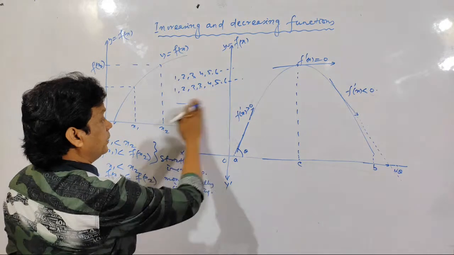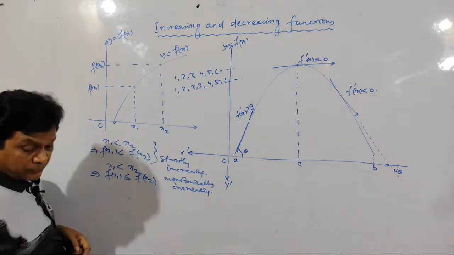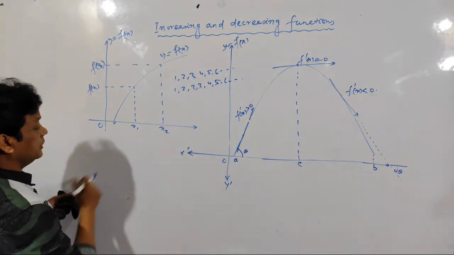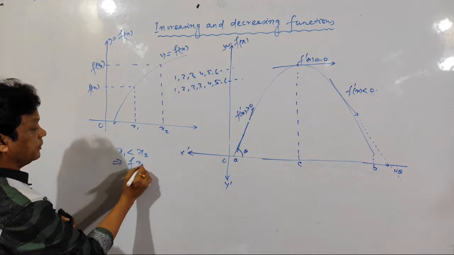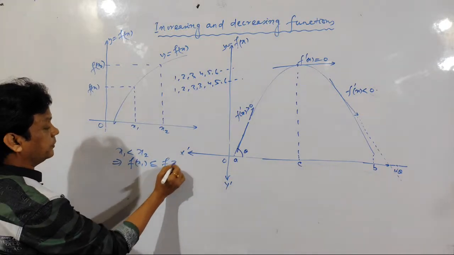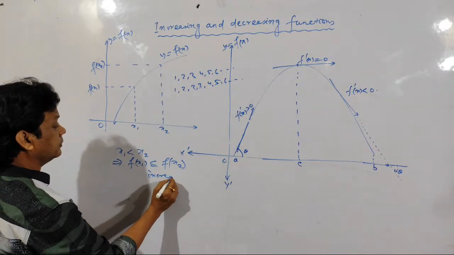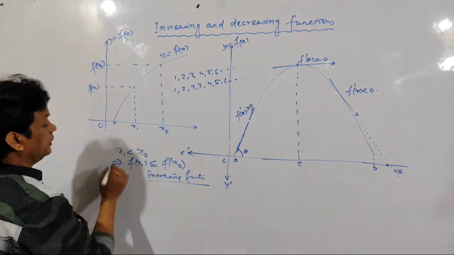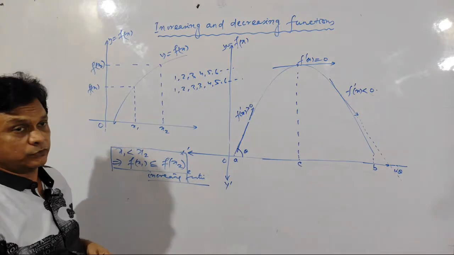So simply combining these two, we can write: x1 is less than x2 implies f of x1 is less than or equal to f of x2. This is the definition of increasing function. Clear?